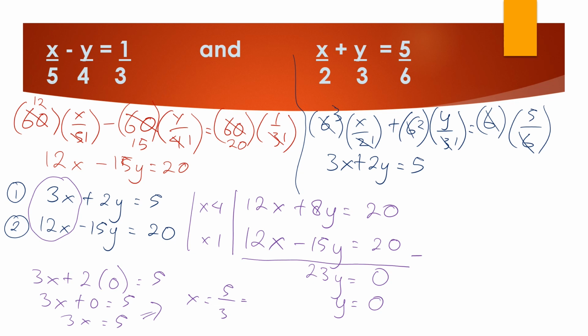Or we can make it into a mixed number: 5 divided by 3 is 1, the remainder 2 per 3. So this is the answer: 1 and 2 per 3, 0. Okay, do you understand? Okay, let's see the other example about this.